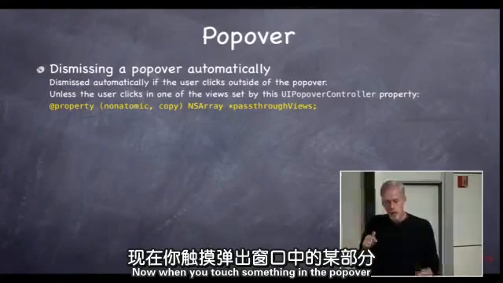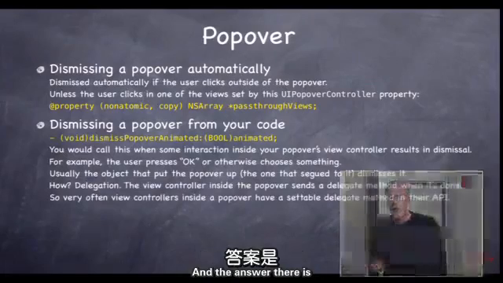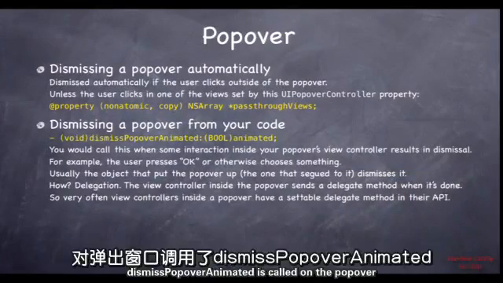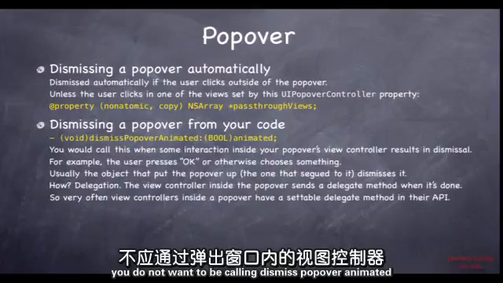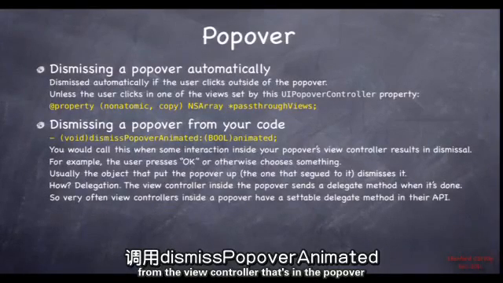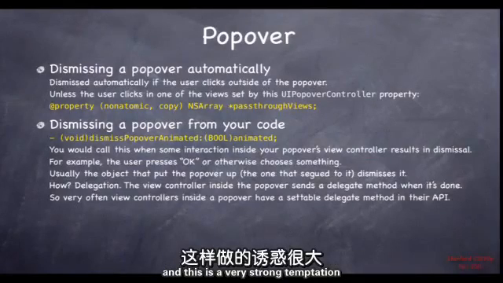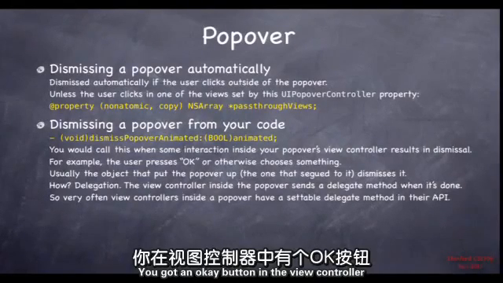Now, when you touch something in the popover, how does it get dismissed? The answer there is dismissPopoverAnimated is called on the popover. Now, another subtlety here, you do not want to be calling dismissPopoverAnimated from the view controller that's in the popover. And this is a very strong temptation. You've got an OK button in that view controller.